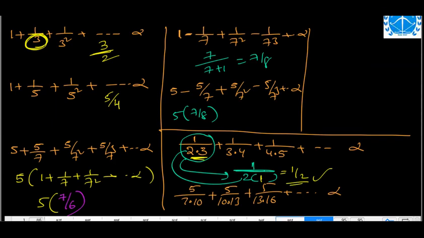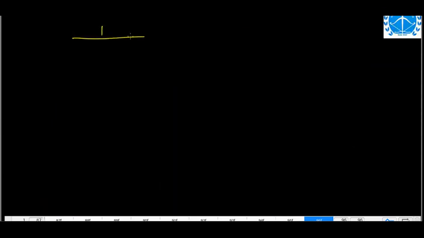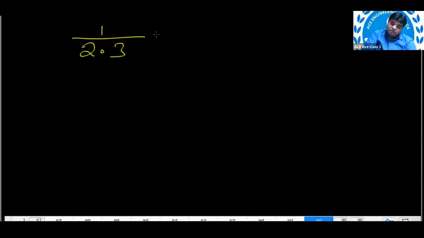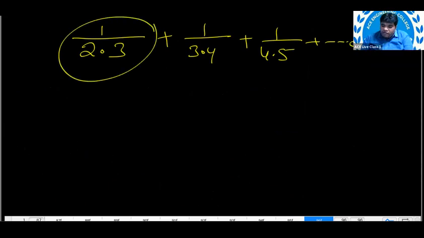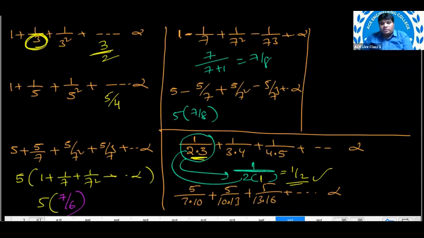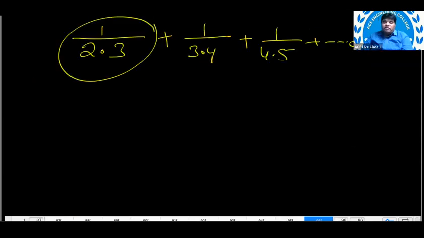Can you explain again, sir? I'll write clearly here. This type of questions, Girija, you take only the first term. We have only one same pattern, only these 2 questions, anywhere.